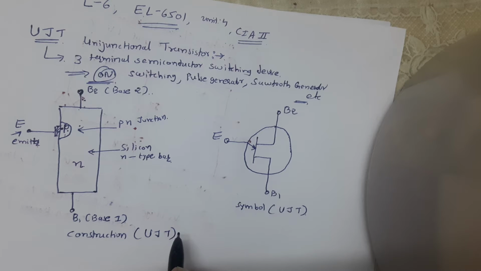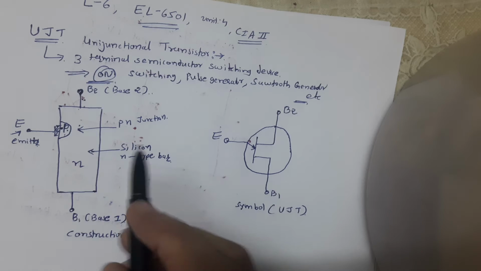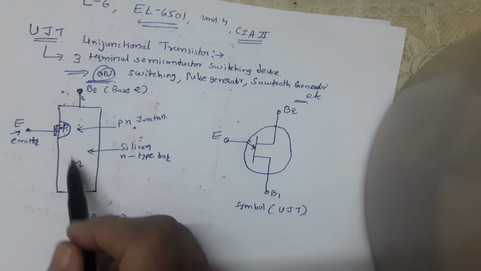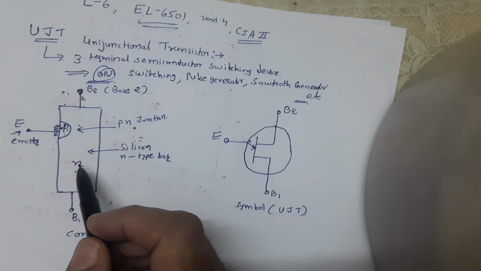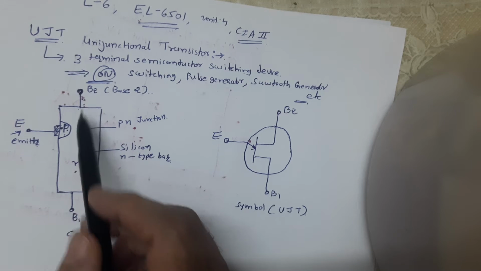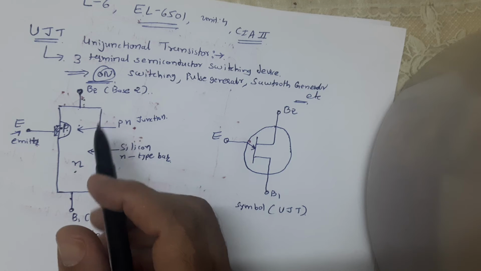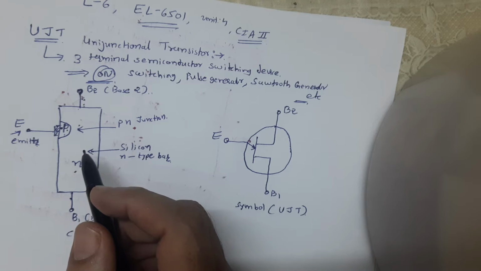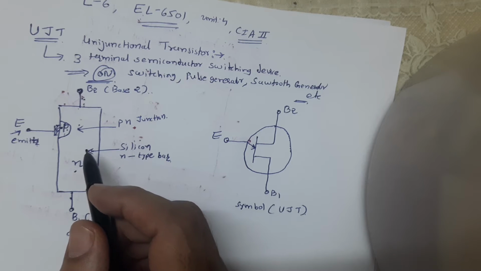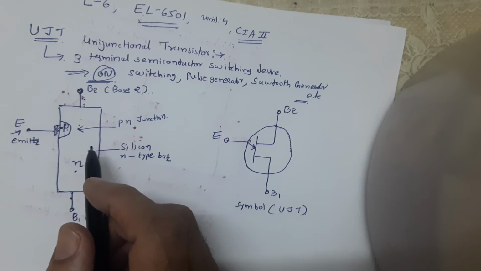So we can say from the figure, the structure of a UJT consists of an N-type silicon bar with an electrical connection on each end, base 1 and base 2. The leads to these connections are known as base 1 and base 2.